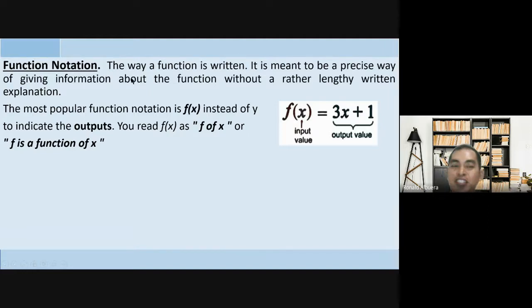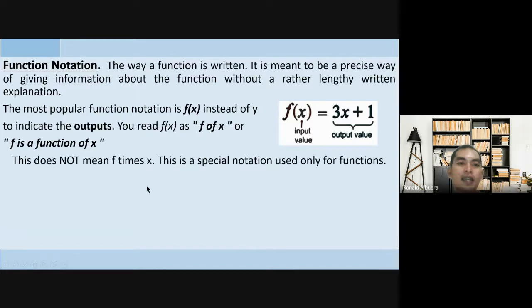That is why in functional notation, x here is the input value, while when you substitute the value of x, then multiply by 3, added to 1, that becomes the output or the y value. Okay. So take note, f of x does not mean f times x. Okay?